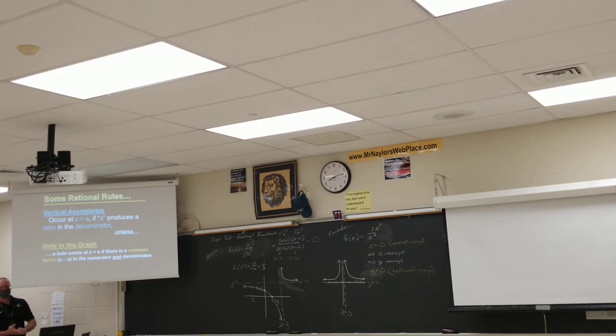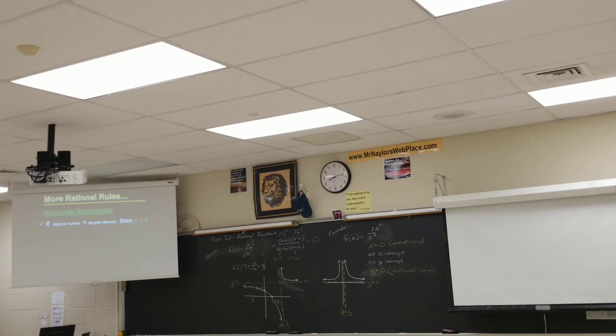The other main thing that you were seeing today is the horizontal asymptote. Now the horizontal asymptote sometimes looks a little crazy because there's like 3 scenarios. But for the horizontal asymptote, you will compare the numerator and denominator, and when you compare them, you're looking at the degree.